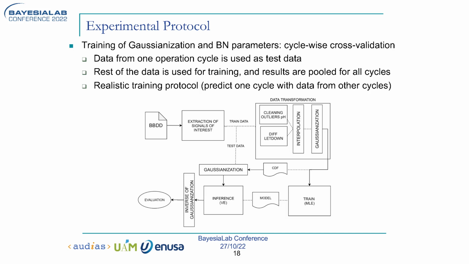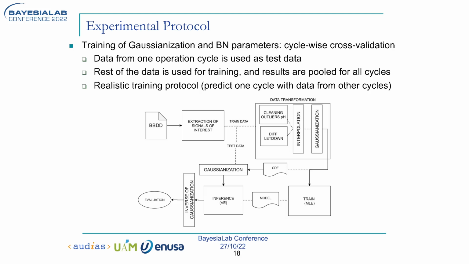So we take one of the operation cycles for each plant as test data, and the rest of the data is used for training. With the rest of the data, we train the Gaussianization transformation, and we train the parameters of the Bayesian network. And the results for all the cycles cross-validated in this way are pooled together for final results of prediction accuracy and prediction log-likelihood that we'll see later.